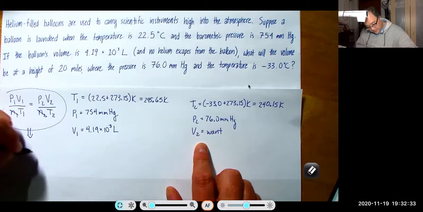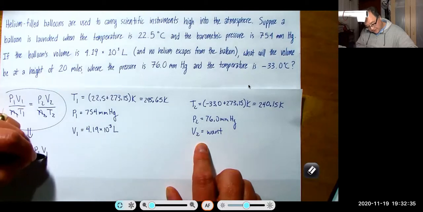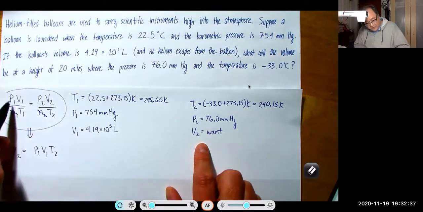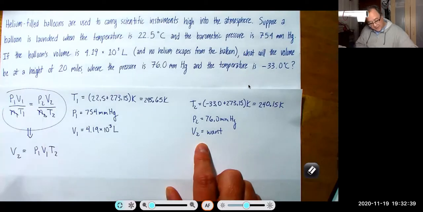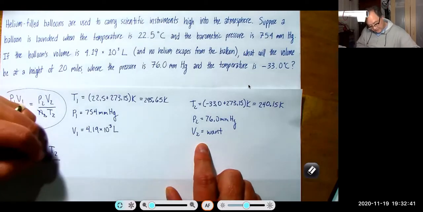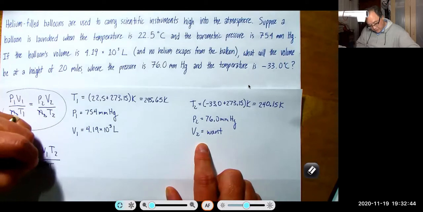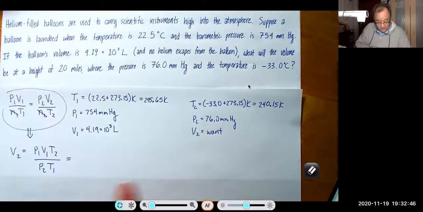V2 is equal to P1V1 times T2, so P1V1 times T2 divided by P2T1. Whew, there's a lot of subscript in there that we need to keep track of and put the right number in the right place. So let's do it.